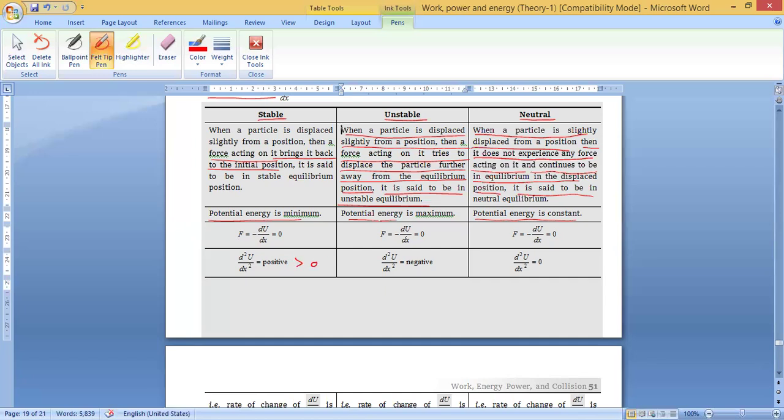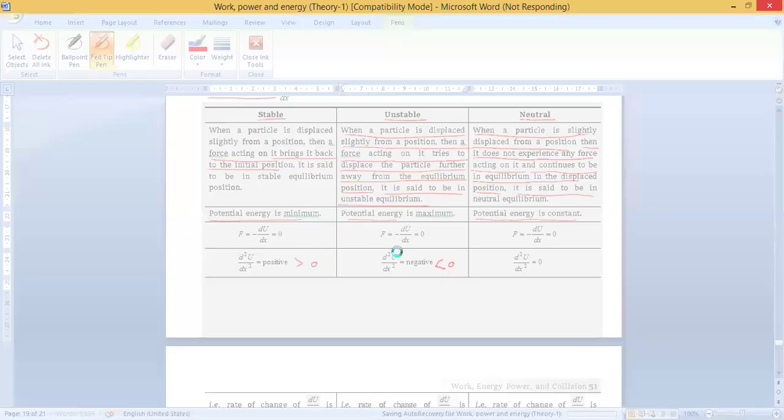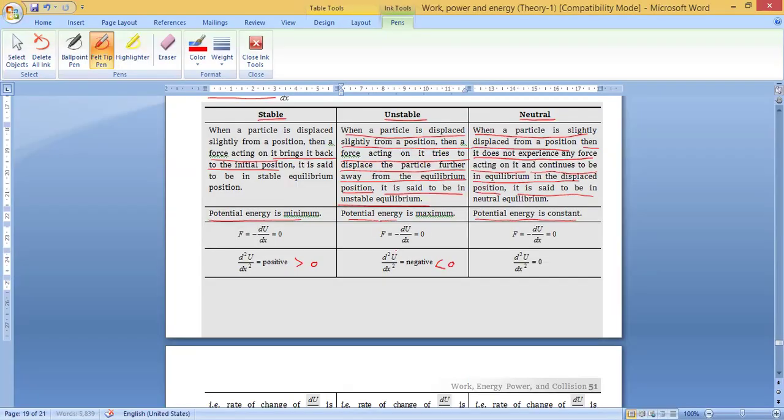For unstable, the second differentiation of potential is negative, less than 0. And for neutral, the second differentiation is 0. This is a condition we have to remember: d2U by dx2 greater than 0, less than 0, equal to 0. This is the indication of stable, unstable, or neutral.